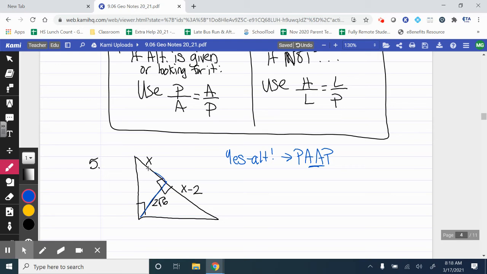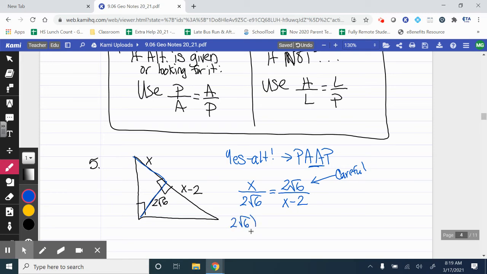All right, so part of your altitude would be x over the altitude is 2 rad 6 equals 2 rad 6. Again, the mean should always be the same over x minus 2. Be really careful about these radicals when you are multiplying them. So 2 rad 6 times 2 rad 6, you might want to put that into your calculator.